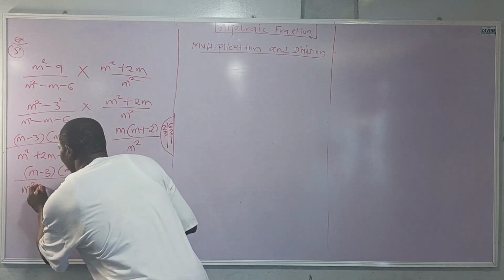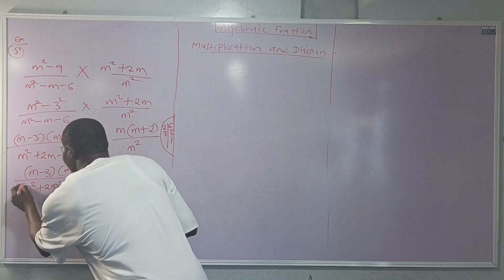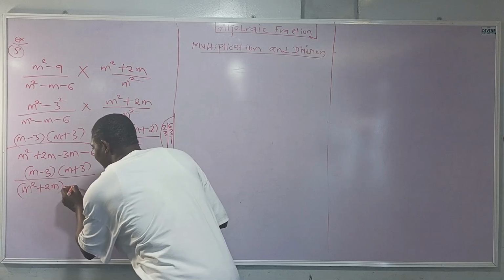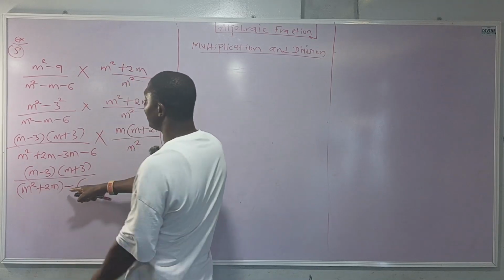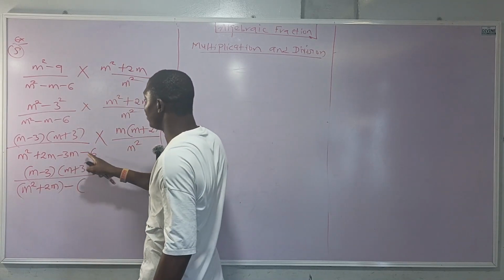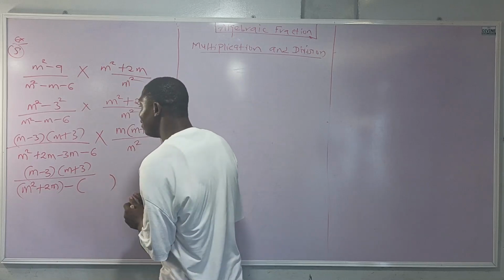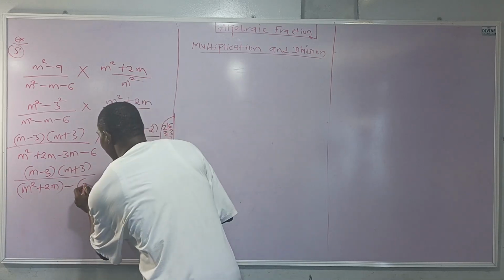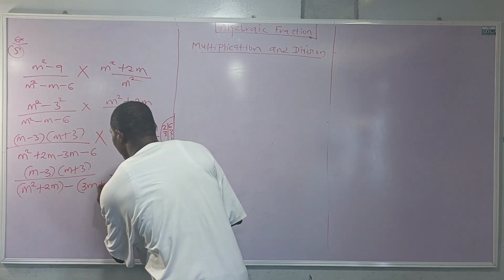I'll have m squared plus 2m in brackets, bring this middle sign exactly how it is. And since there's a negative sign in front of the bracket, all the signs I'm going to put inside the bracket will change. Here becomes 3m, here becomes positive 6.